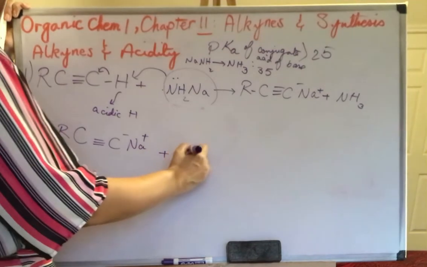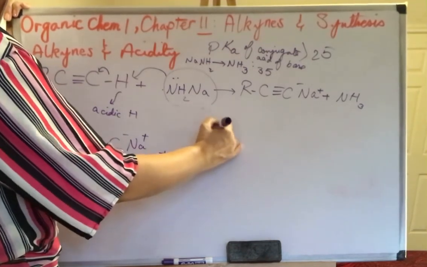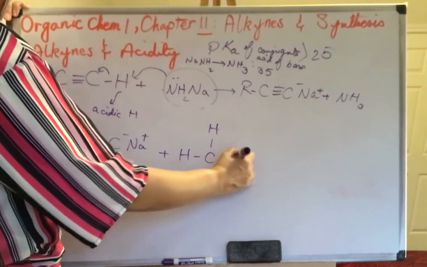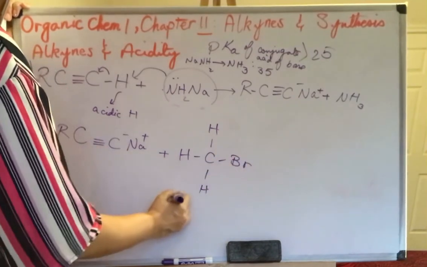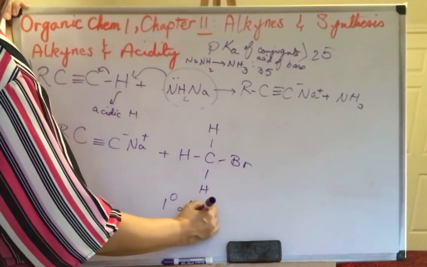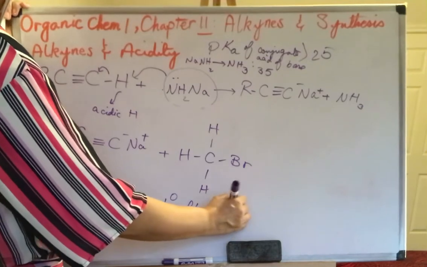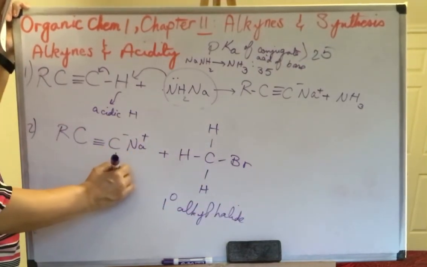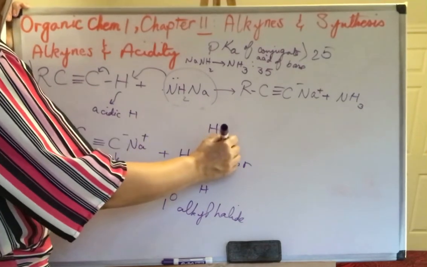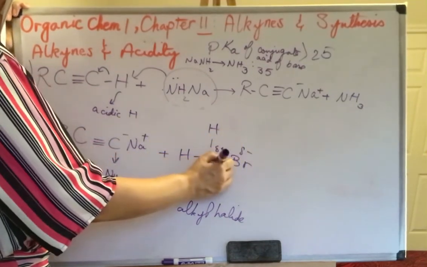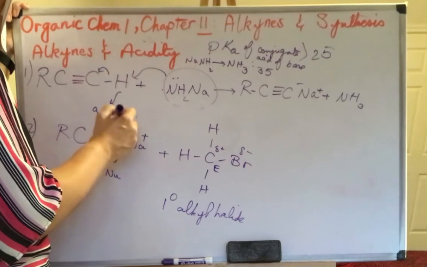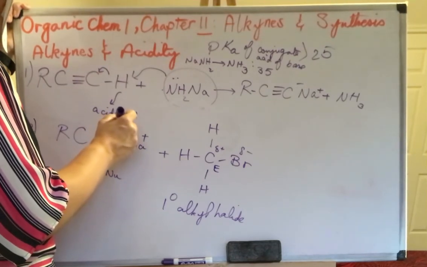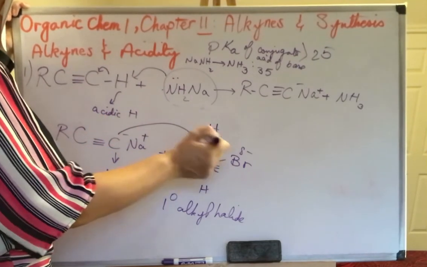You react it with a primary alkyl halide. This alkyl halide must be a primary alkyl halide. So look what happens. This is your nucleophile. This is your electrophile, right? So the attack is from this nucleophilic carbon to this electrophilic carbon.